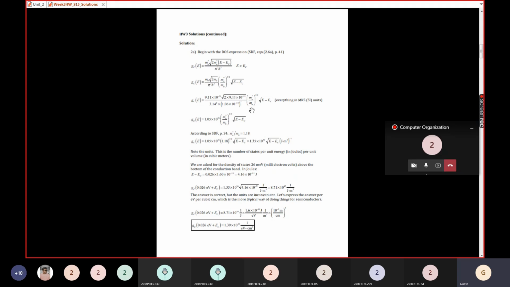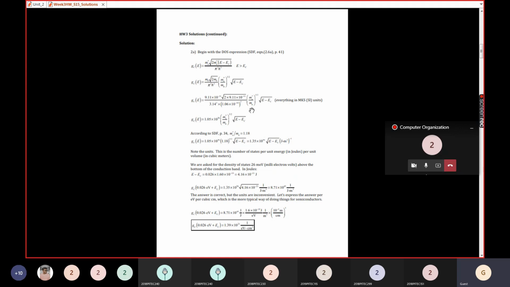You have to find how many electrons are filled in the conduction band. So see here. Remember the formula: Gc of E is equal to 1.05 into 10 to the power 56 into Mn divided by m naught power 3 by 2 into square root of E minus EC.